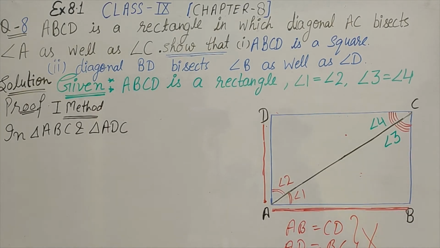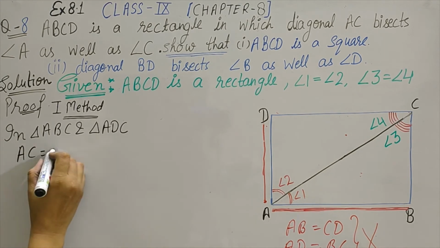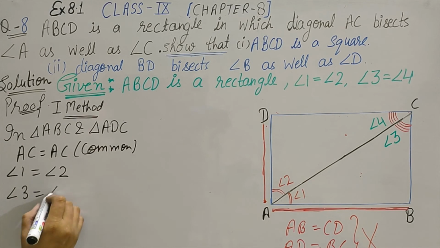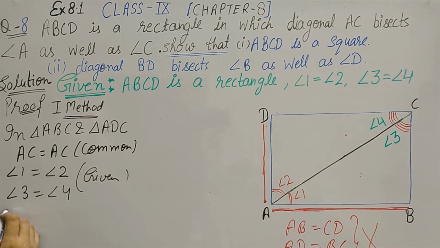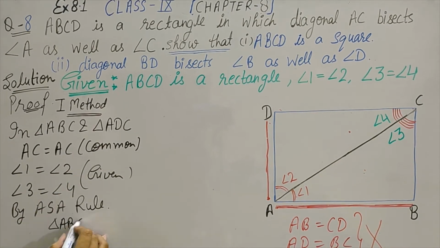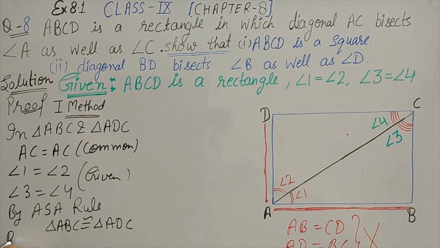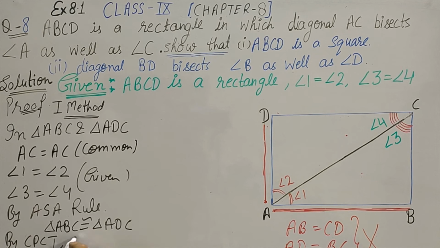So in these two triangles, what we are going to write here? AC and AC common. Angle 1 is equal to angle 2. Angle 3 is equal to angle 4. It is given. So by ASA rule, triangle ABC is congruent to triangle ADC. And then by CPCT, you can say AB is equal to AD.